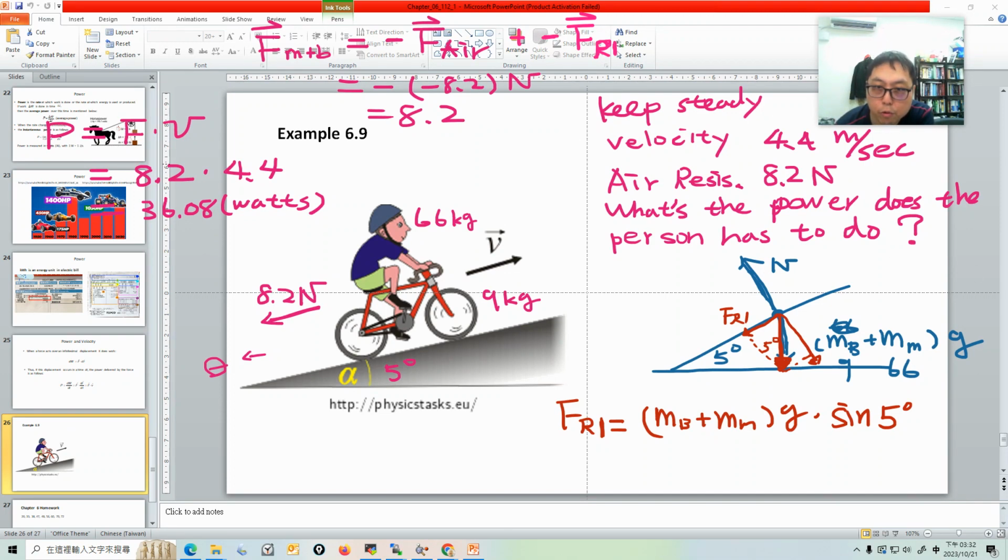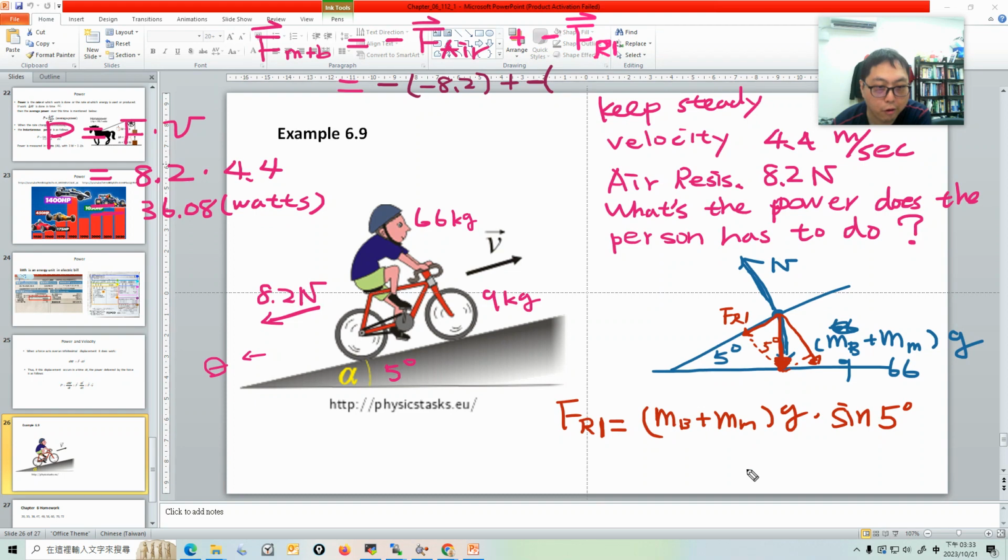So let's rewrite this equation. It will become like this: minus 8.2 newtons and plus the resistance force 1.